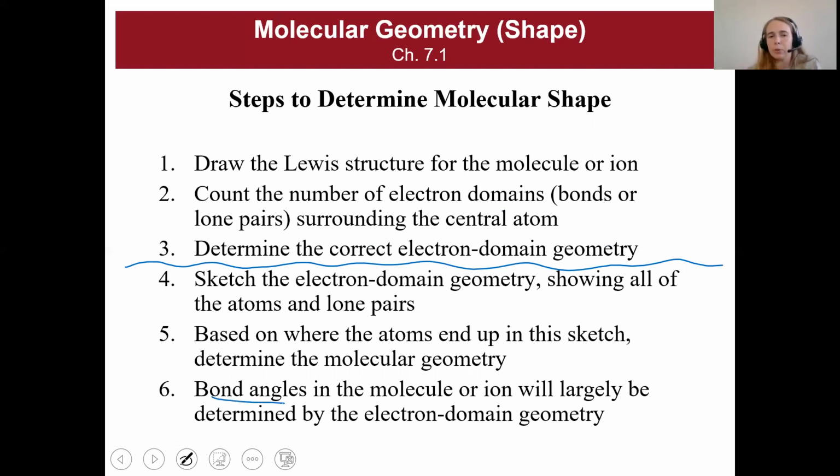You can use this summary however you need. You don't have to memorize these steps, but you have to practice them. Use these steps the first few times you try to determine molecular shape, and then you'll get used to it and you won't need to know what the actual steps are anymore. But these are a guide for you.